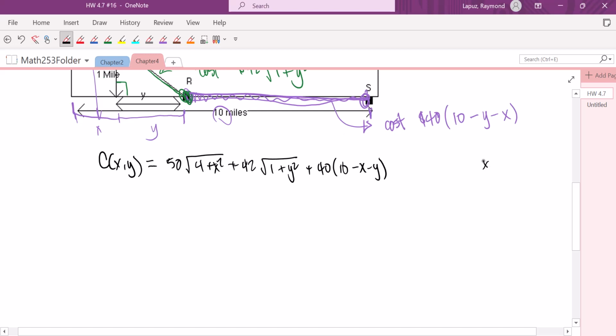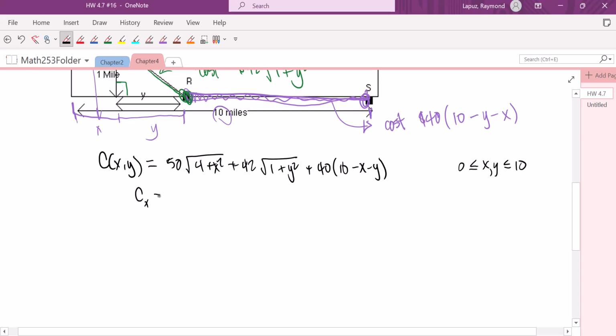They should be positive and less than 10. And realistically, x plus y should be less than 10. We can throw in that restriction as well, but I don't think we need to worry too much about that.